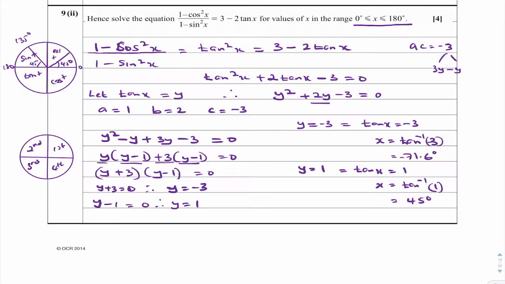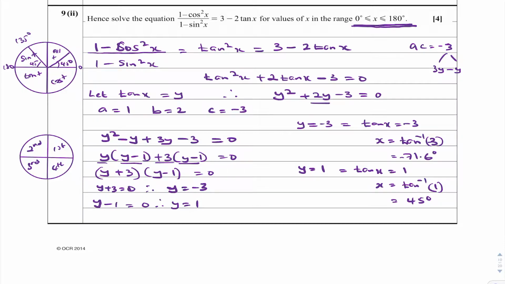So all is positive in the first quadrant. Sine is positive in the second quadrant. Tan in the third quadrant. Cos in the fourth quadrant. But we're only going between 0 and 180 degrees. So therefore, we only stay in the top part of the quadrant.